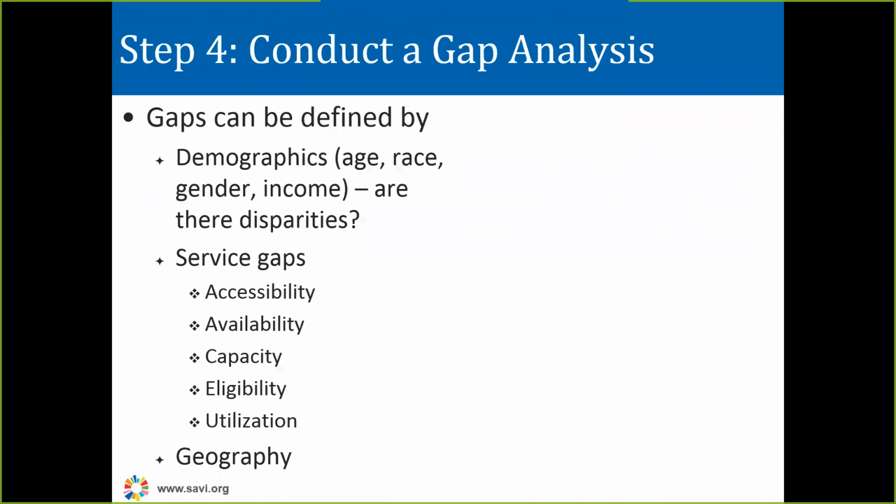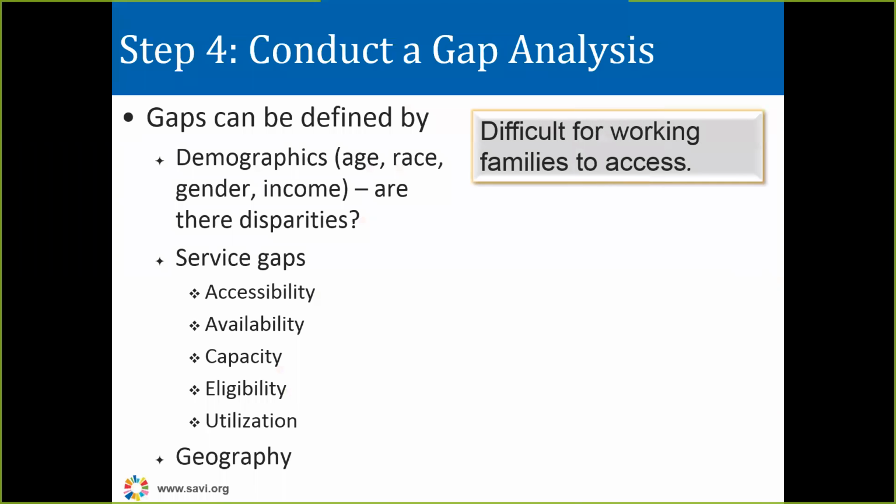So step 3 was identifying those assets. Step 4 is where we're conducting a gap analysis. We've identified some needs, we've identified some resources, but now we want to try to understand how much of a gap there is between those existing resources and the needs in the neighborhood. There are a lot of different ways you can define those gaps.